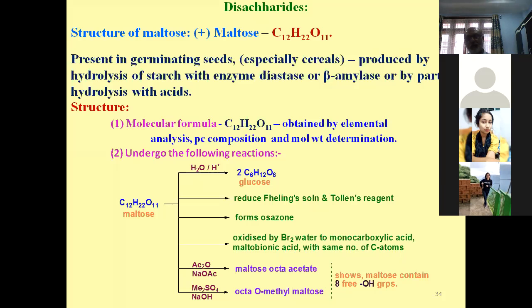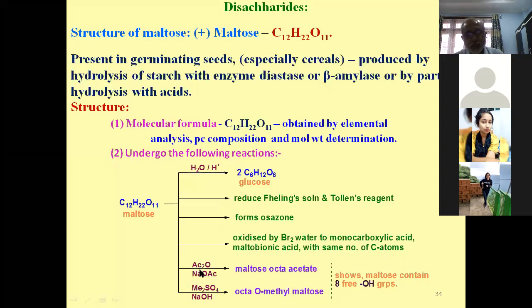An aldehyde is oxidized to acid where the molecule doesn't break up into 2 parts. It remains in 1 part. It is something like glucose: when you oxidize it with bromine water, you get gluconic acid. We know it, so we get some information from here.